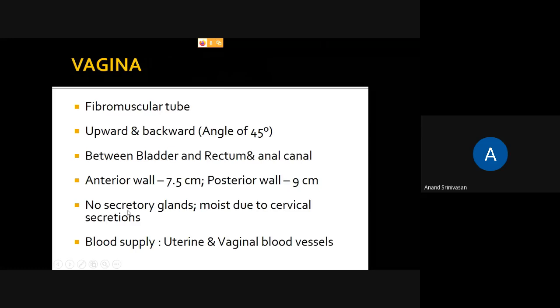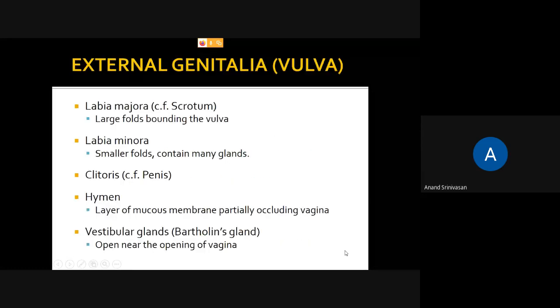There are no secretions in the vagina, and the secretions which are found in the vagina are coming from the cervix, the cervical part of the uterus. The blood supply is by the uterine and vaginal blood vessels.